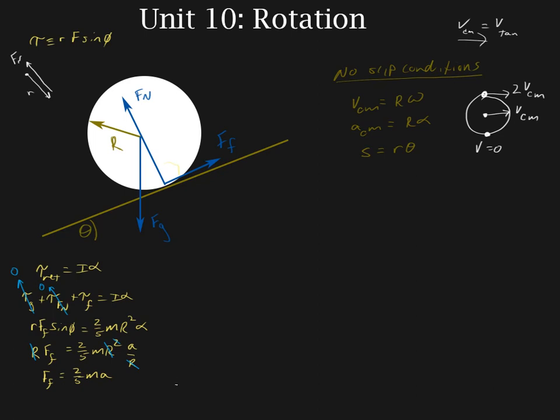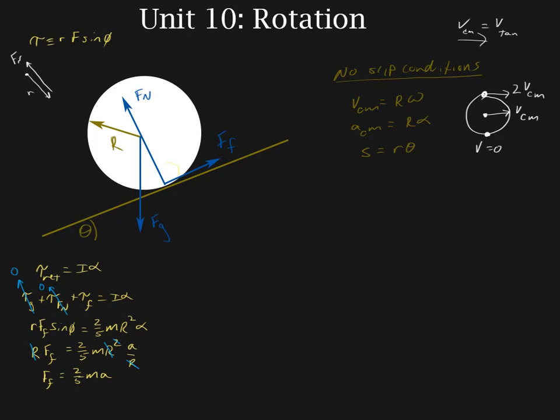Now, something to take note of here, that this is not necessarily equal to mu times the normal force. It's only the force necessary to cause the ball to rotate. So you may have a very, very large normal force that's going to be something much greater than the 2/5 ma.